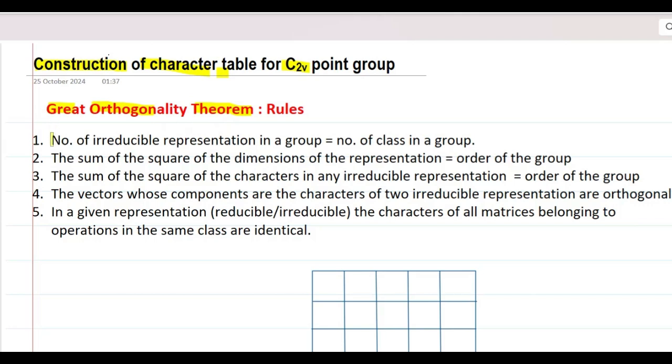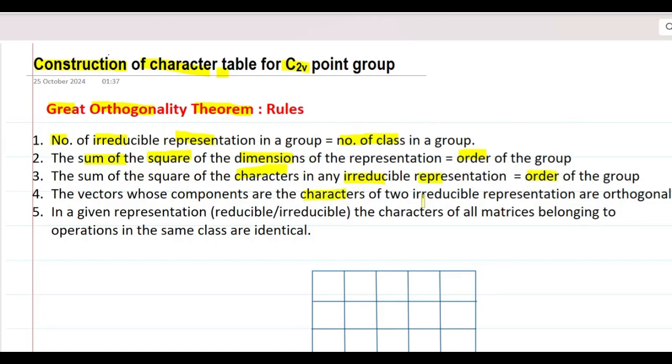So what is that? The number of irreducible representations in a group will be equivalent to the number of classes in a group. The sum of the squares of the dimensions of a representation will be equivalent to the order of the group. The sum of the squares of the characters of any irreducible representation will again be equal to the order of the group.